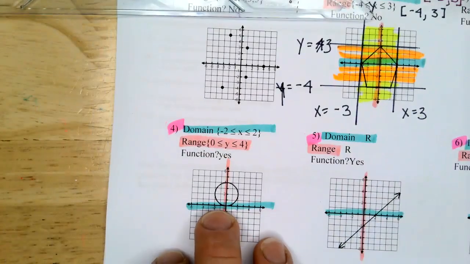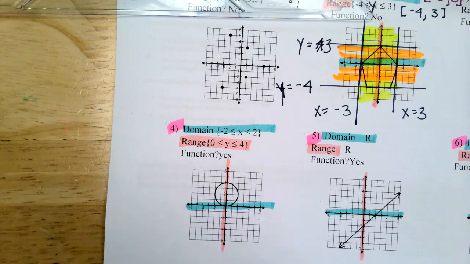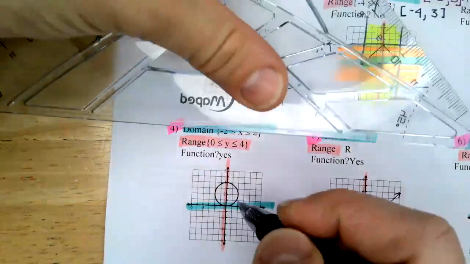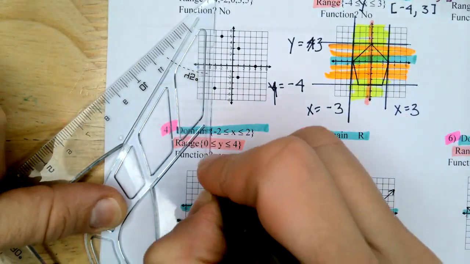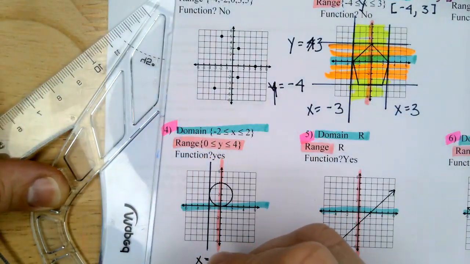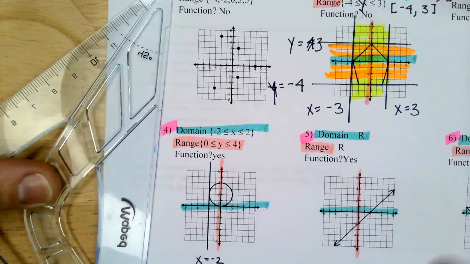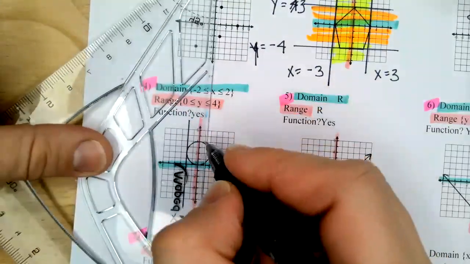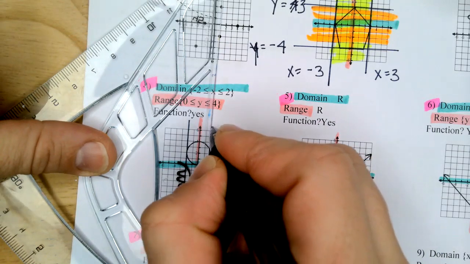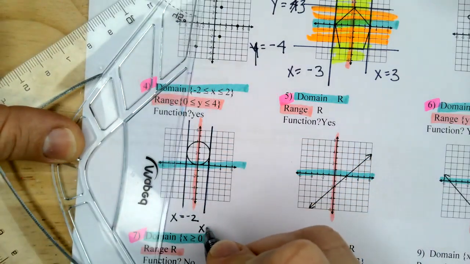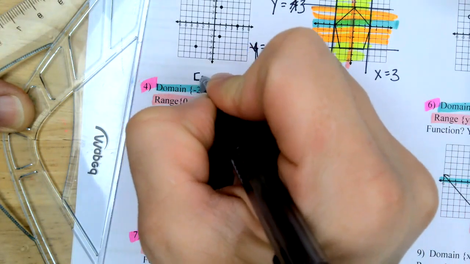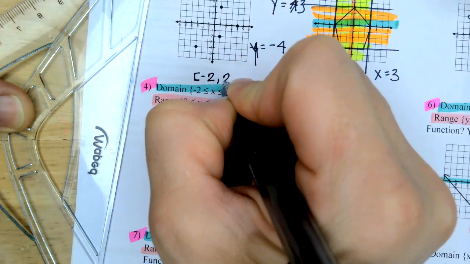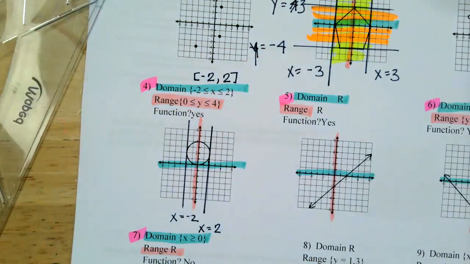Let's go to this circle, much like the circle you had. So my domain is always my x, so I want to start over here at -2. X is -2. All the way up until the end of that circle. The circle ends at +2. X is +2. So my domain is going to be -2 to 2. Good.